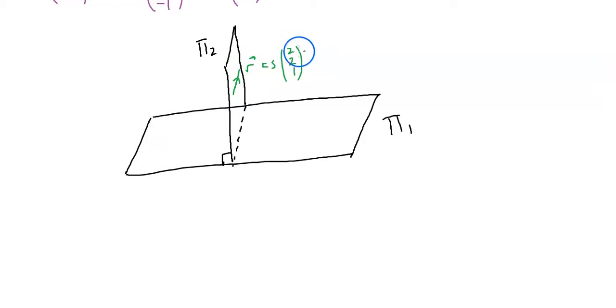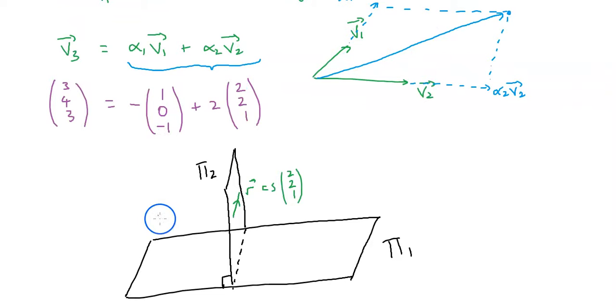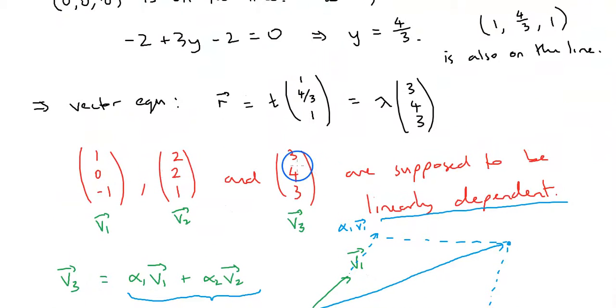In other words, it's parallel to the vector (2, 2, 1). And we have also that it is parallel to the normal vector of pi 1, which is (1, 0, negative 1). And we have the direction vector of the line of intersection, which is (3, 4, negative 3). No, sorry, (3, 4, positive 3).